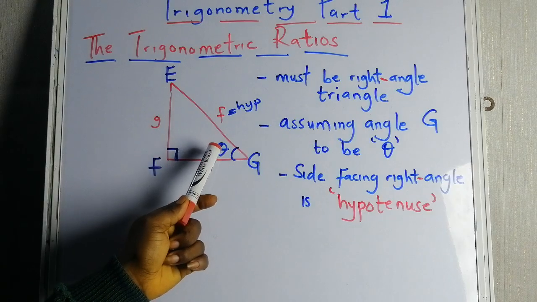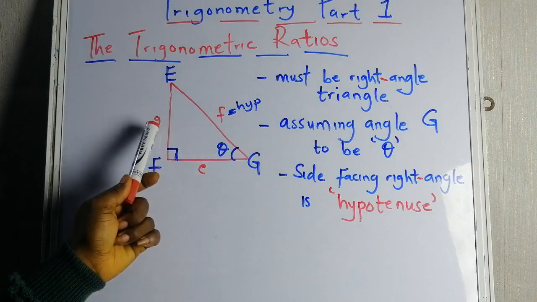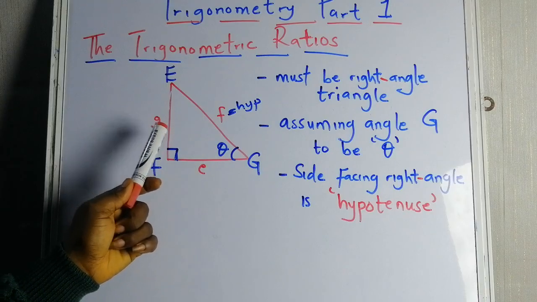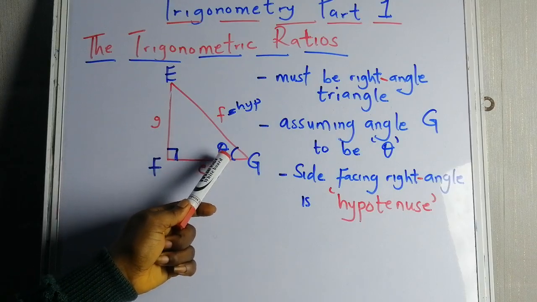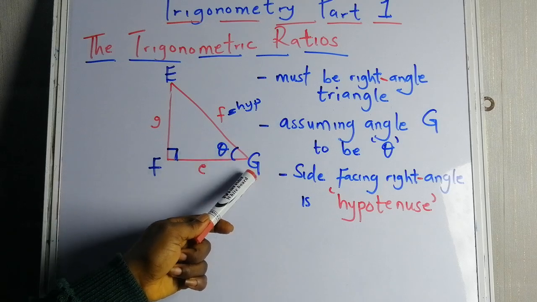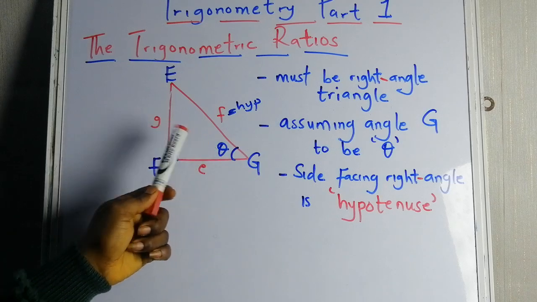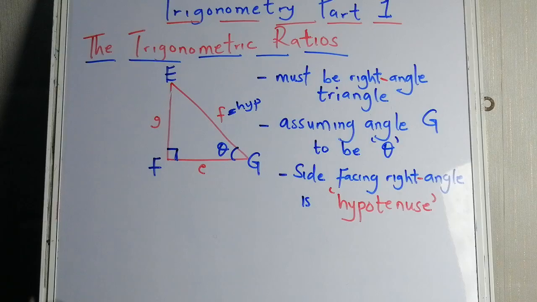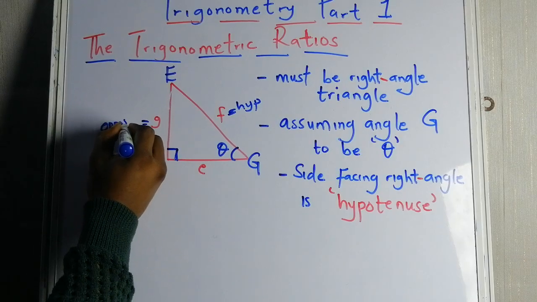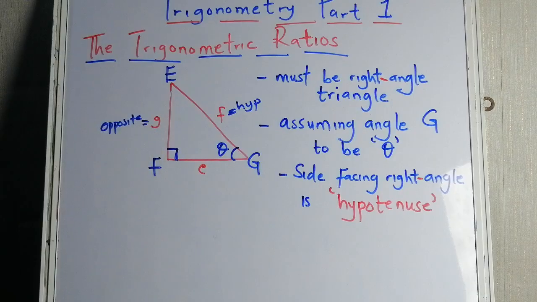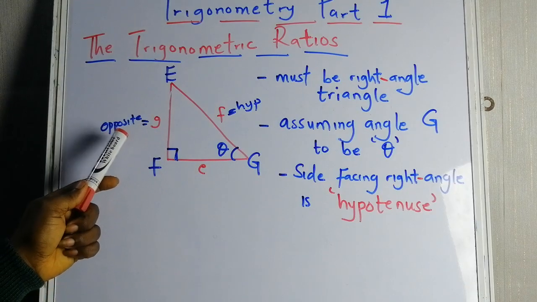Now, the side that this angle is facing is always called what? Opposite in a right angle triangle. The side that this angle G is facing is called the opposite. That is how you can identify your opposite.